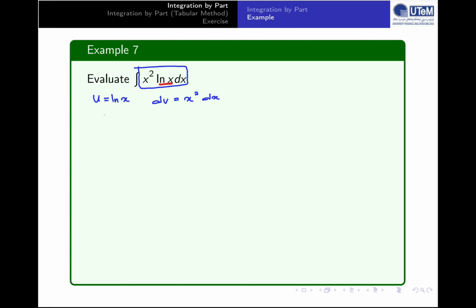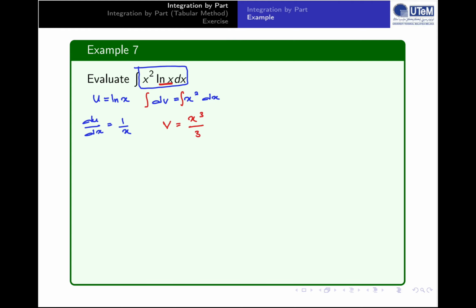So from here you differentiate, and you get du/dx equal to 1 over x. And then this one we need to integrate. Integrate dv, you get v equal to integrate x squared with respect to x, which gives x cubed over 3.